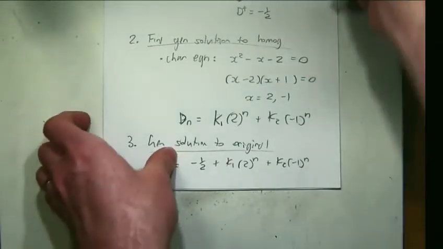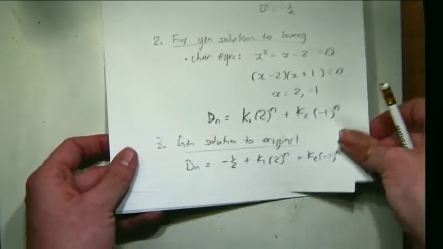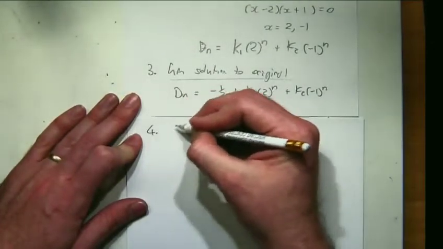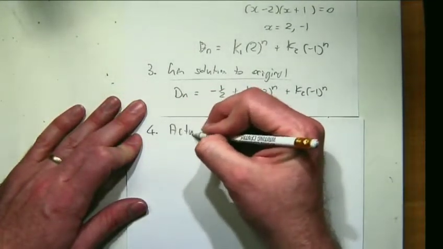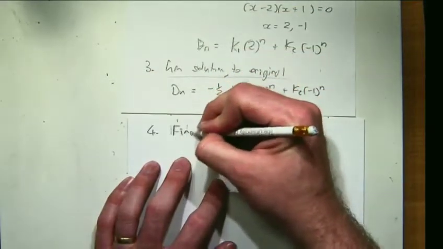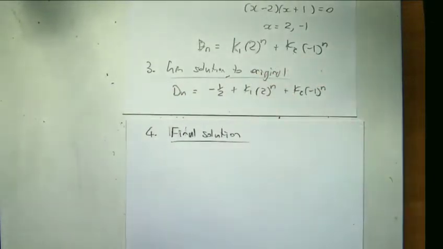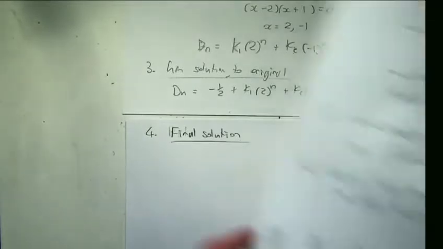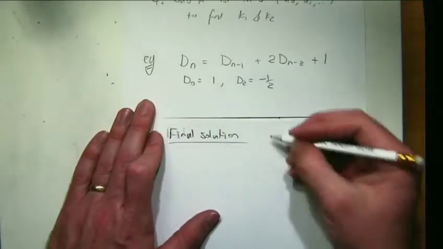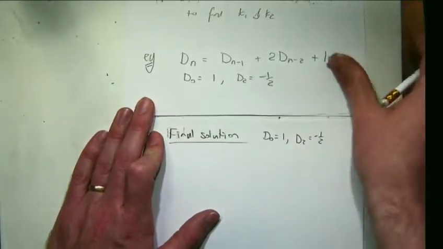So I've got one step to go. So for my final solution, I was told right at the beginning that D0 was 1 and D2 was minus a half. So I'll sub them in.